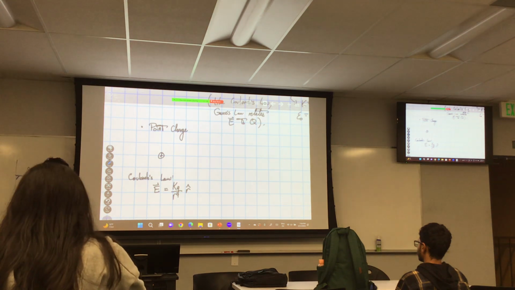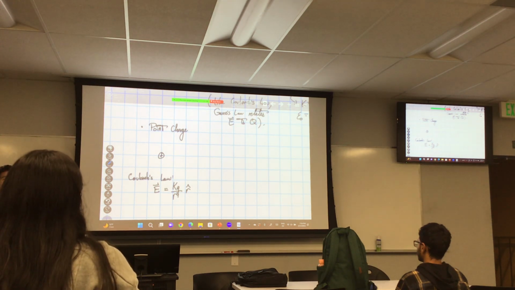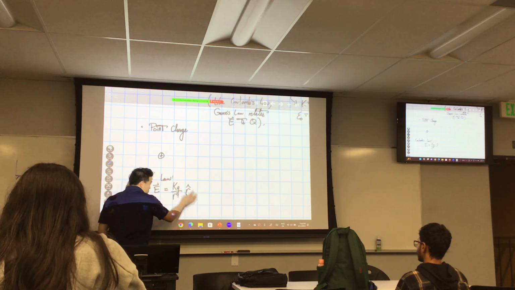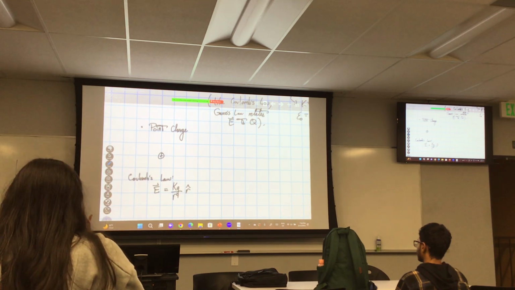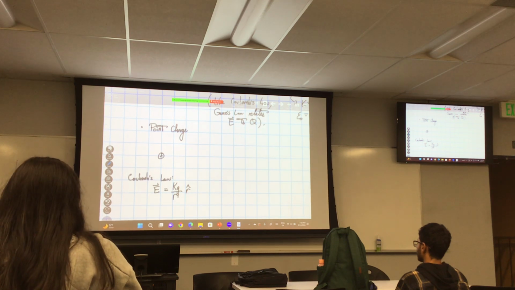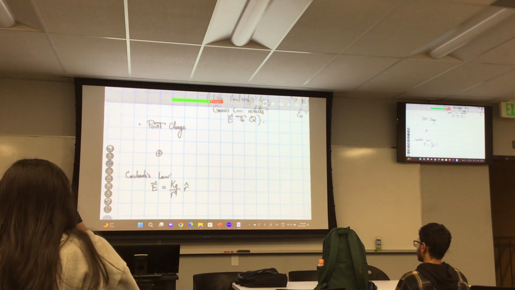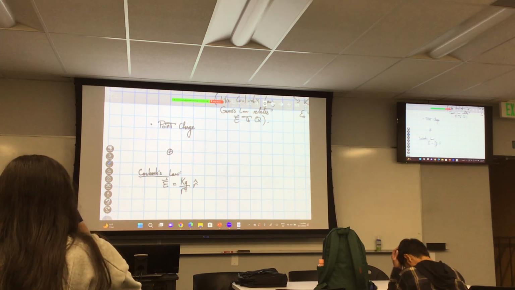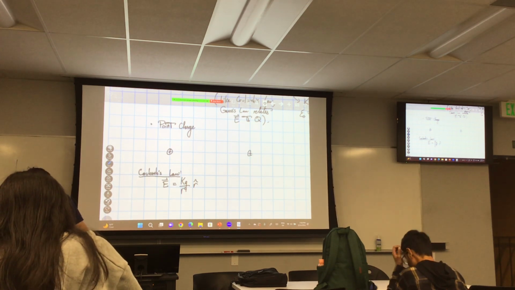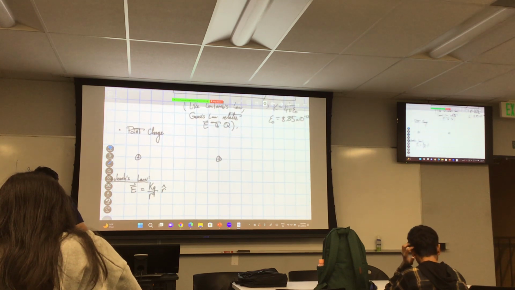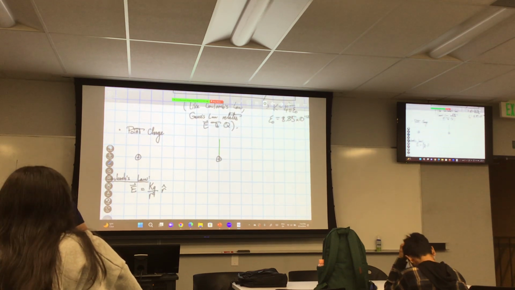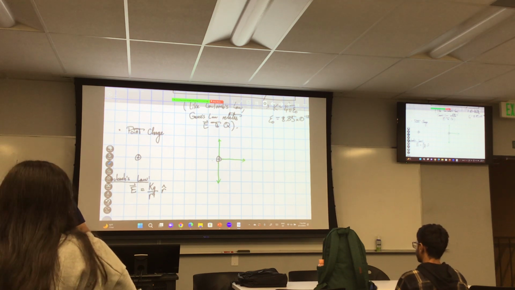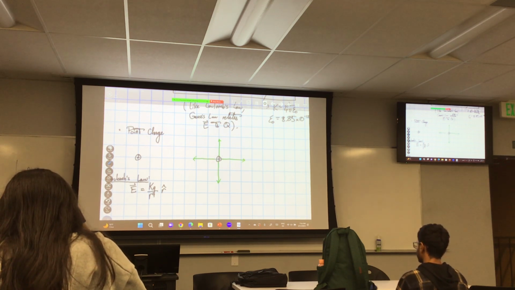You guys remember that? So this you can get from experimental verification. But let's see what Gauss's law provides for us. So we have the point charge, and we can draw the electric field lines to guide our thinking. Because it's a positive charge, it's radiating out.